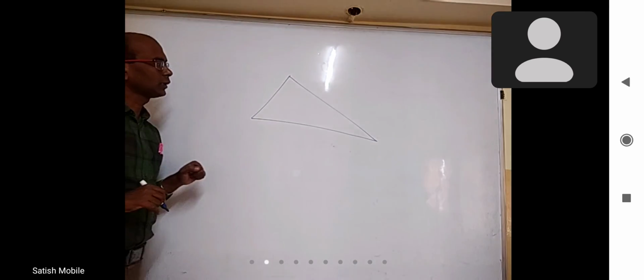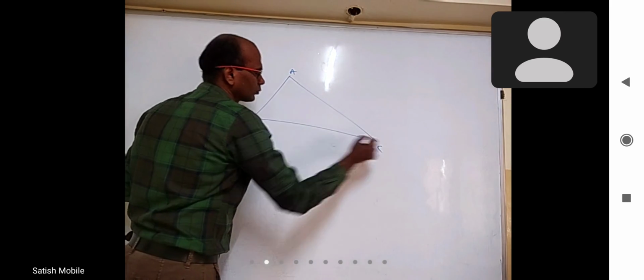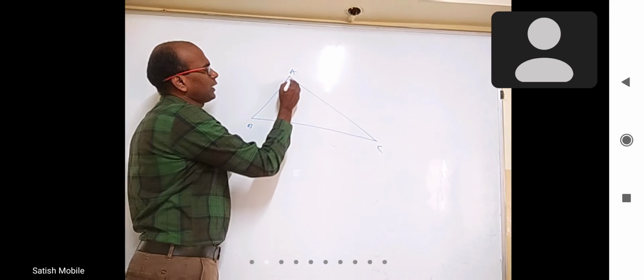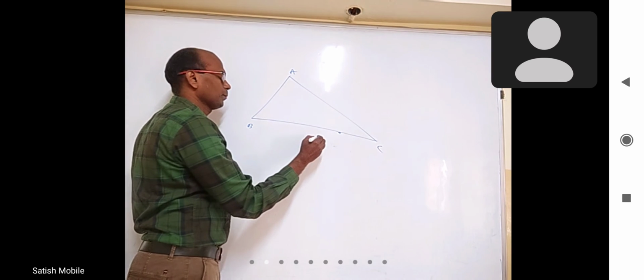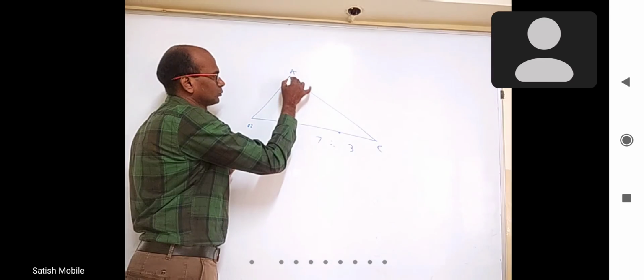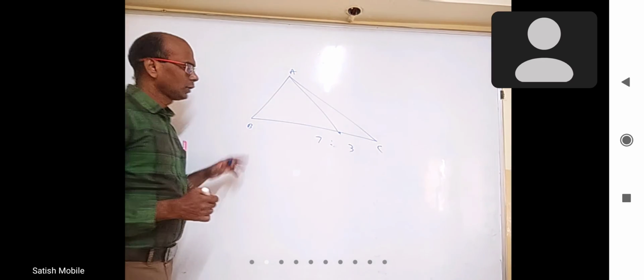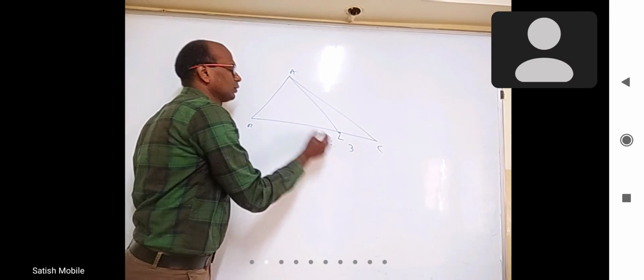This is a triangle. Any triangle, a scalene triangle. There is a point dividing this in the ratio, let us say 7:3. Divide BC in the ratio 7:3, and let us call that point L. You join that.